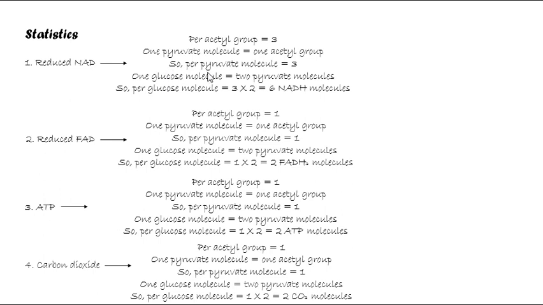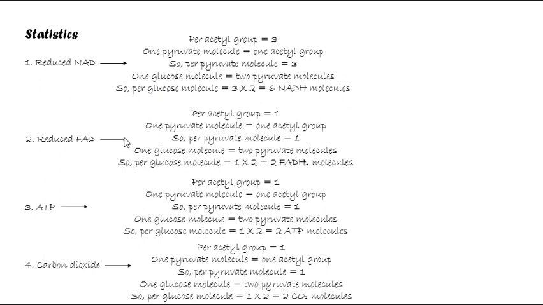And since 3 reduced NAD molecules are formed from one pyruvate molecule, per glucose molecule 3 times 2, which is 6, and therefore 6 NADH or reduced NAD molecules are formed per glucose molecule.